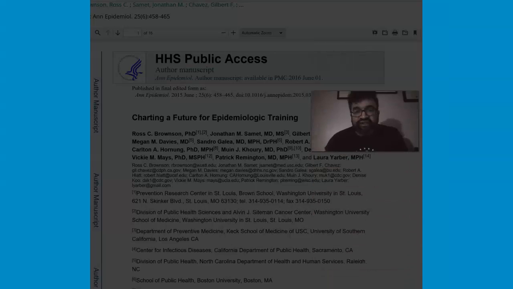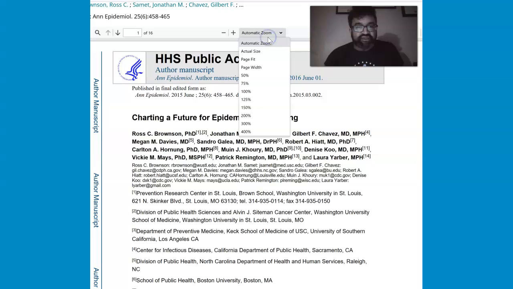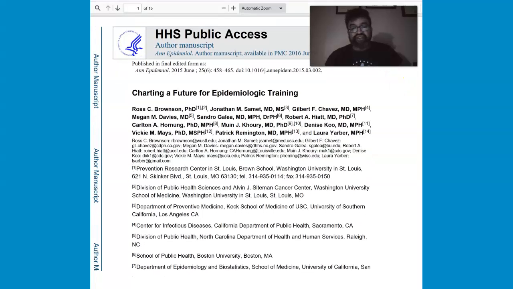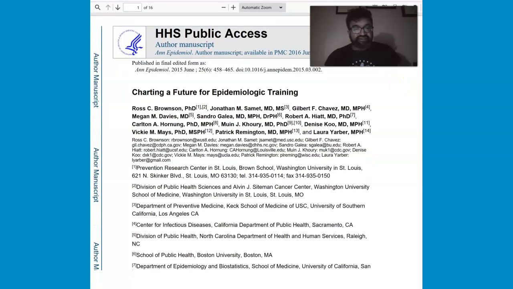So now transitioning to a paper that actually looks at more of a modern update of some of the CDC competencies that I reported to you about in the previous section. This is charting a future for epidemiologic training, and this was written by quite a few authors from multiple universities across the country.